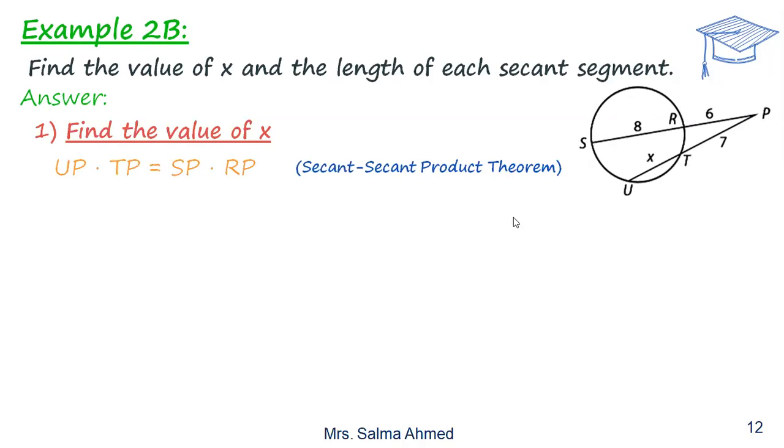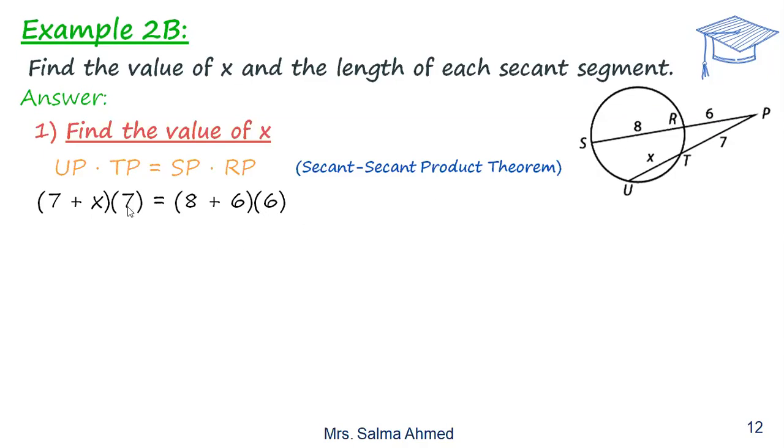I'm going to substitute UP, which is 7 plus x. So I'm going to open a bracket, 7 plus x times the external part of that secant, which is 7. So 7 plus x times 7 equals SP, which is 8 plus 6, times the part which is external, which is 6.